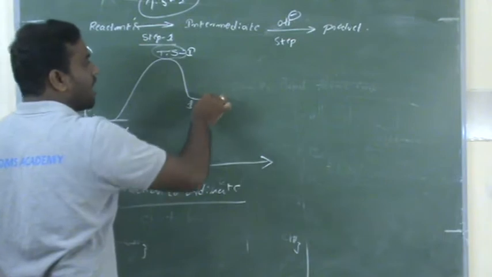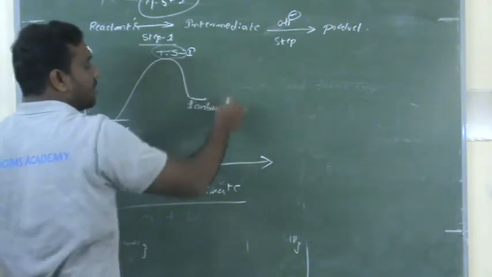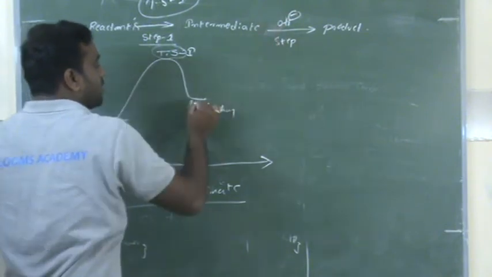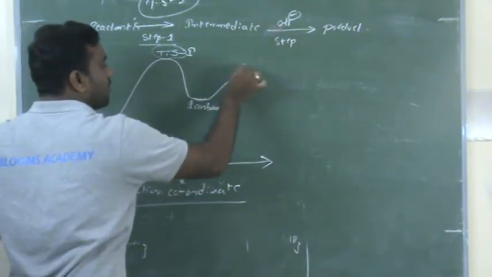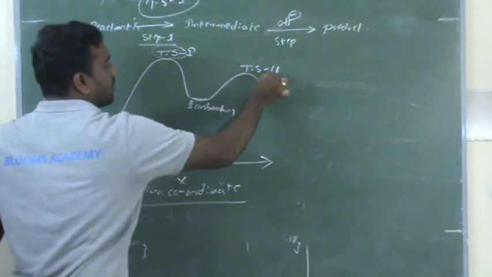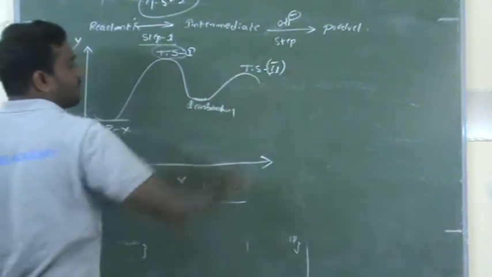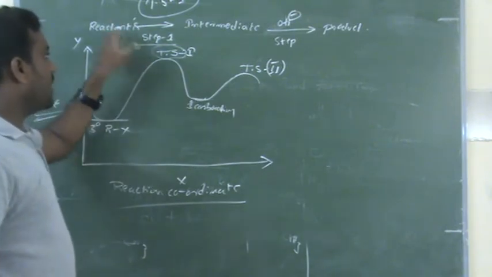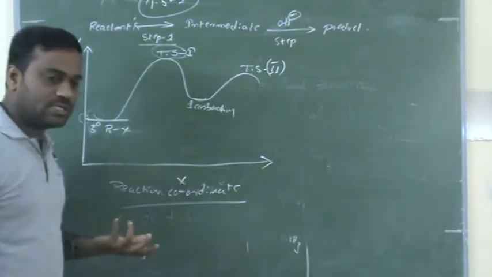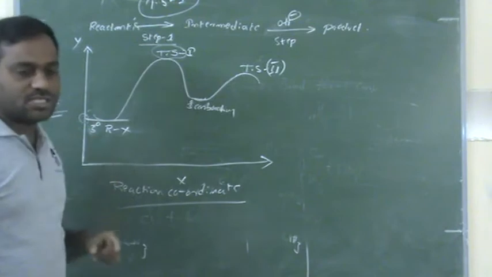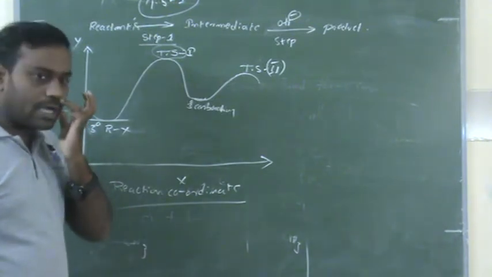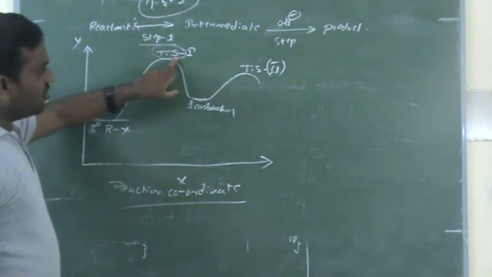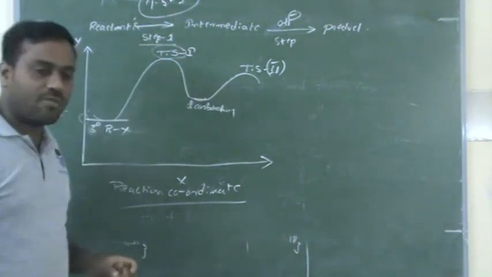Now this tertiary carbocation intermediate again reacts with the nucleophile, forming another transition state, transition state 2. Always keep in mind, reactants react first, forming transition state 1. Clear, all of you? Now this transition state gives the tertiary carbocation.